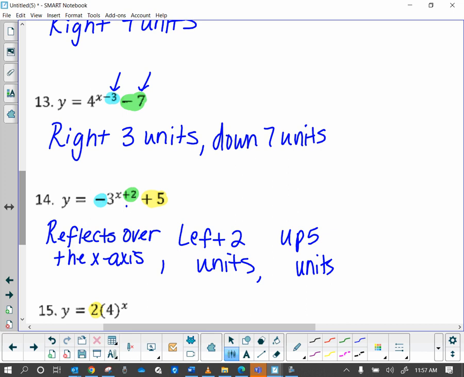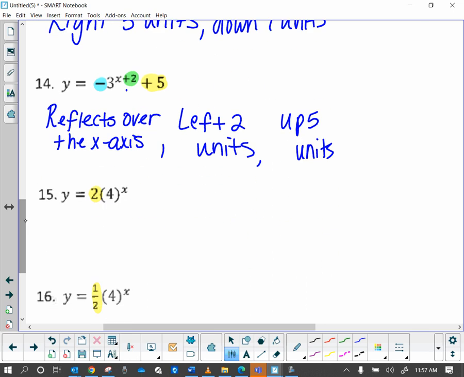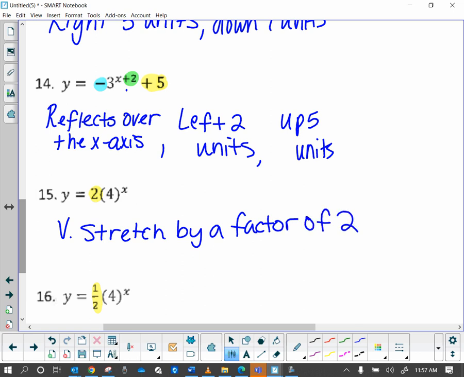Okay, we're almost done. Number 15. What does the 2 in front do? Multiply. Yeah, but how does it transform the graph? Right. Is it a stretch or a shrink? Right. If this is a vertical stretch by a factor of 2.